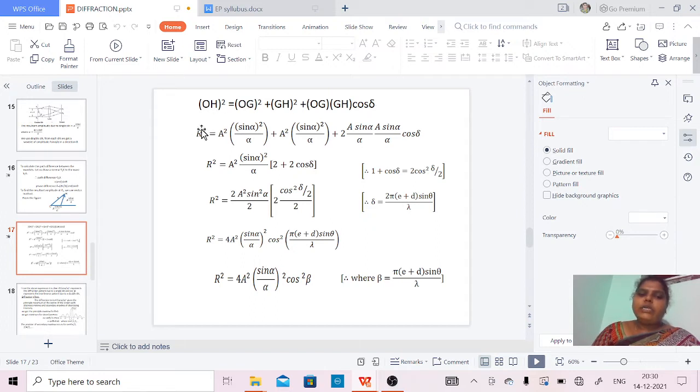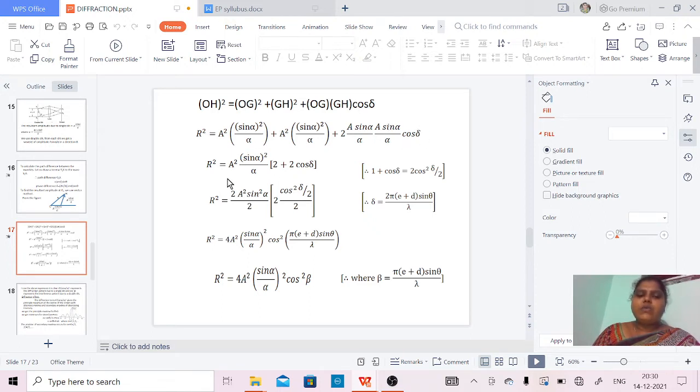Now R square, that is OH square, equals A square sin square alpha by alpha whole square, plus A square sin alpha by alpha whole square, plus 2 into A sin alpha by alpha into A sin alpha by alpha into cos delta.